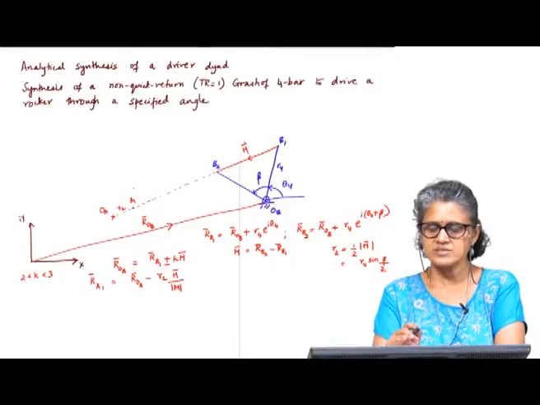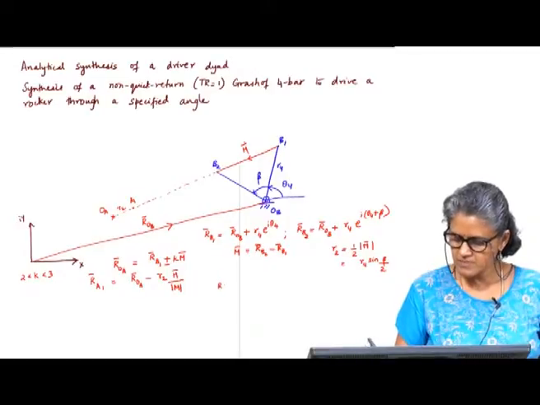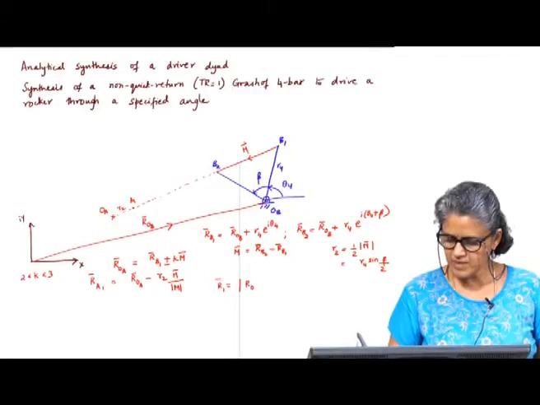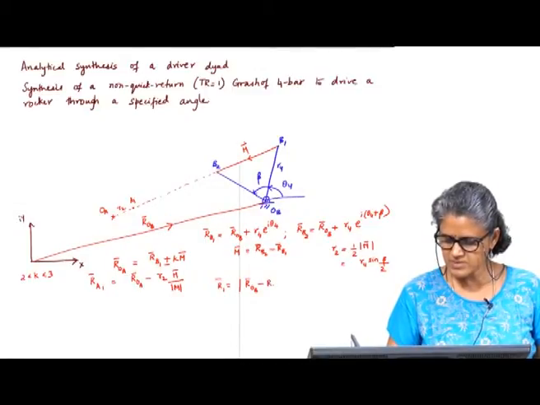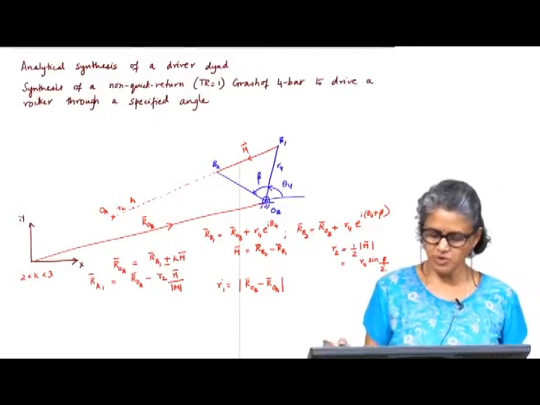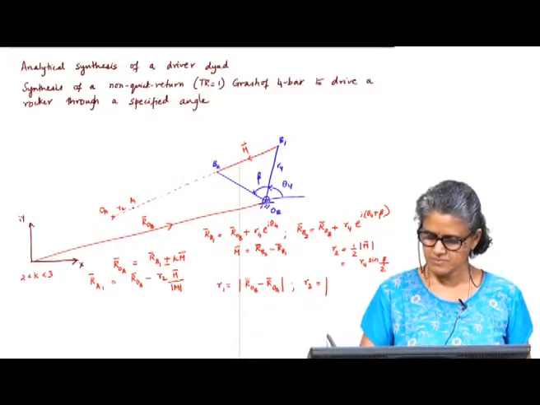For continuous input, your R1 will essentially be the mod of ROB minus ROA, and R3 will be the mod of the corresponding vector.